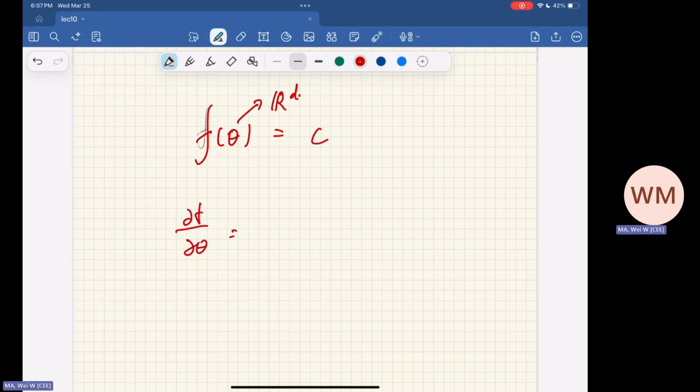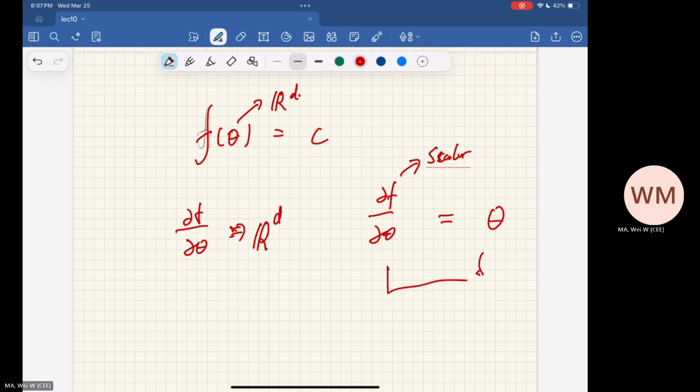It's d dimension. Basically, if f is a scalar, then the dimension of partial f, partial theta is equal to the dimension of theta. These two dimensions should be the same. This is basic calculus.